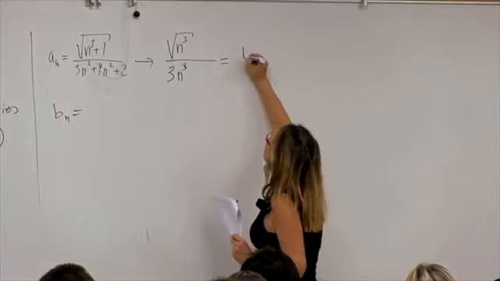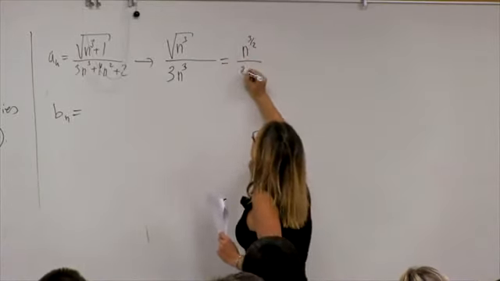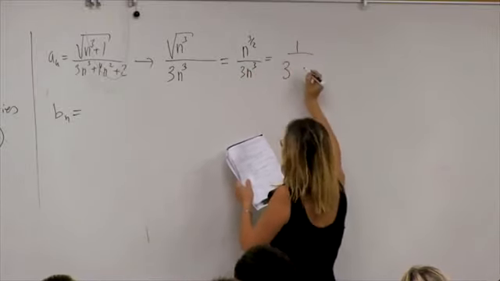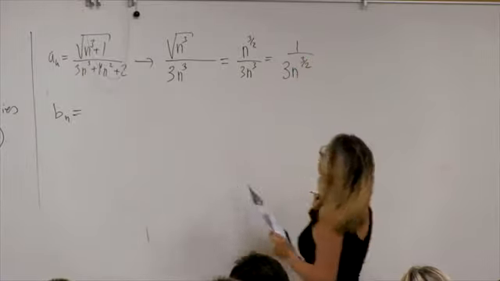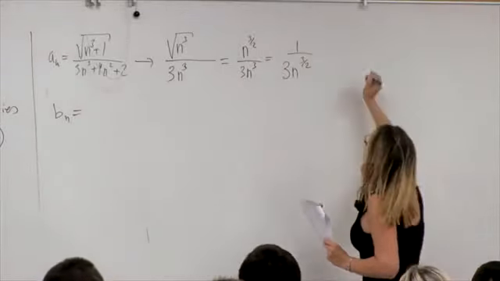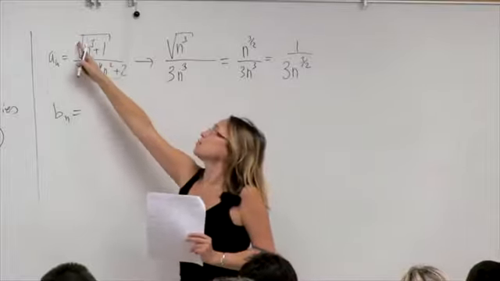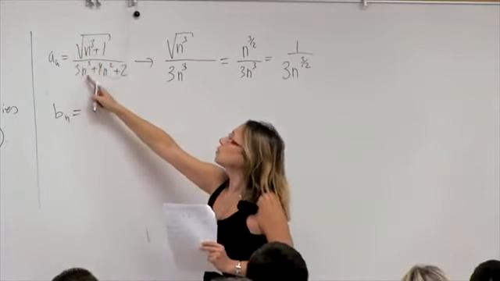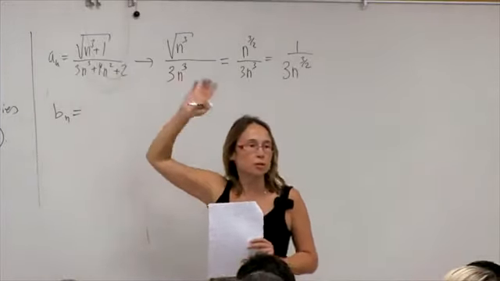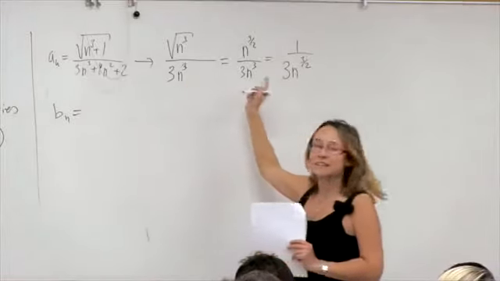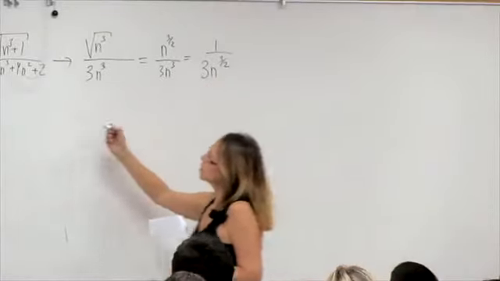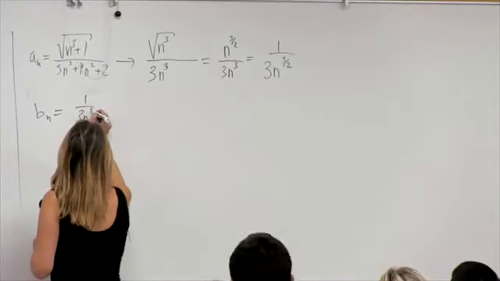Now I simplify it: n to the 3/2 over 3n cubed, which is 1 over 3n to the 3/2. This is my guy. It's always going to work like this. Whenever I have any radical on top or at the bottom, or any polynomial, I look for the highest power and get an easy expression that by definition is going to look like a p-series. So b_n is this.